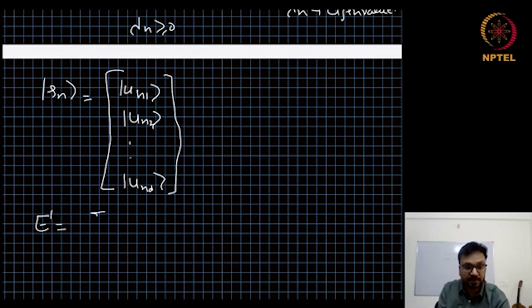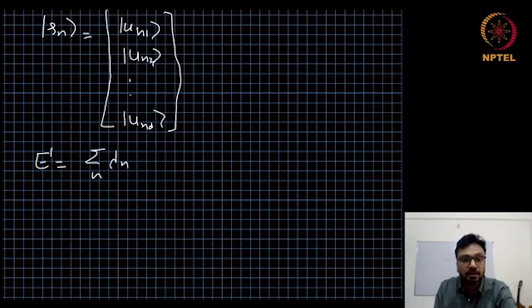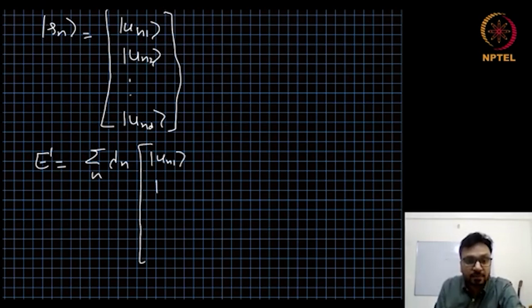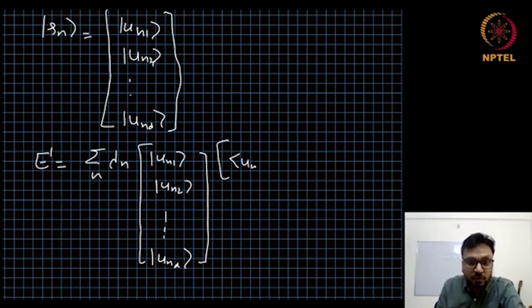So E prime becomes the sum over n of lambda n times the column (un1, un2, ..., unD) and its dagger, which is the row (un1, un2, ..., unD).